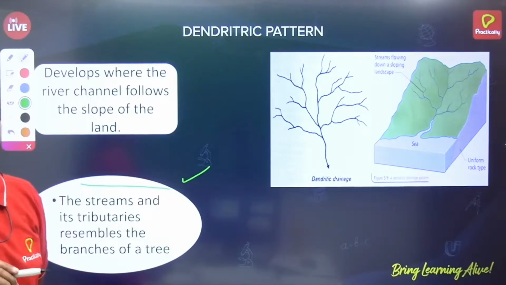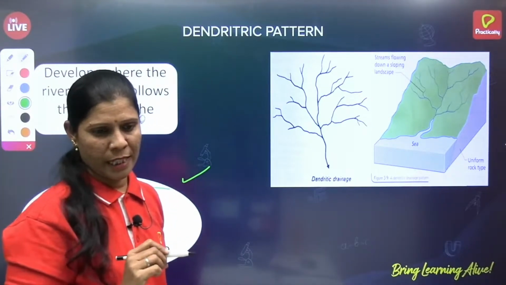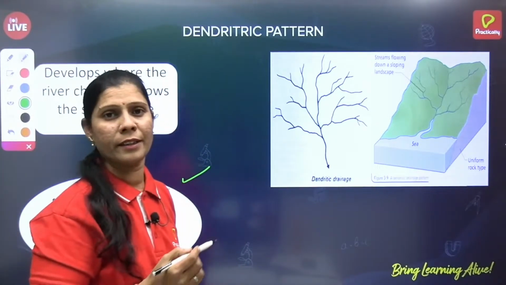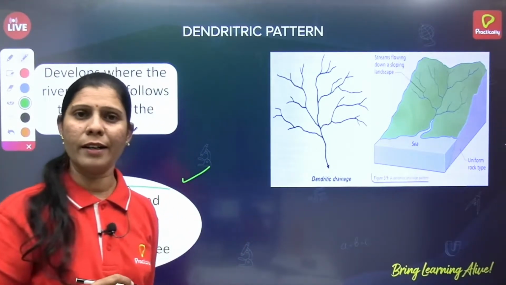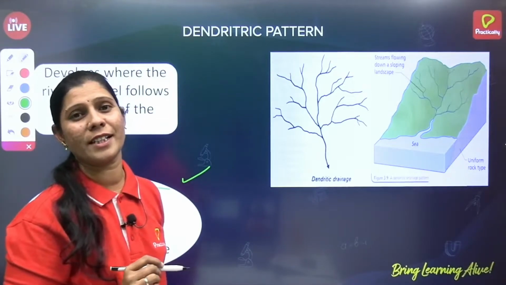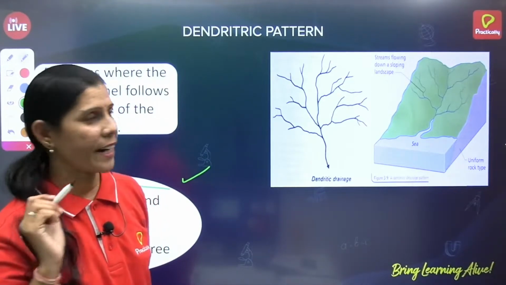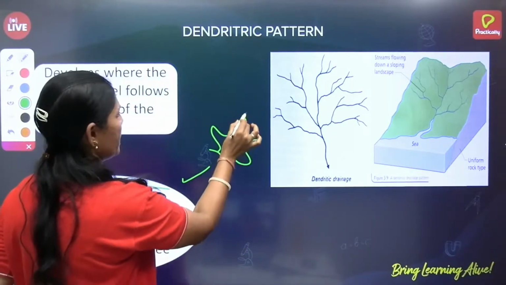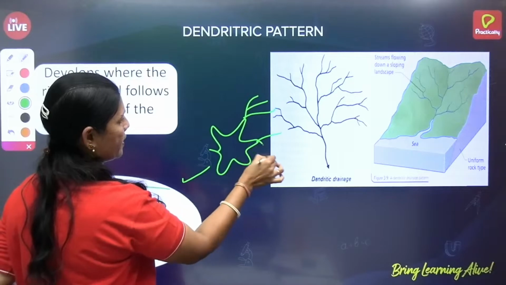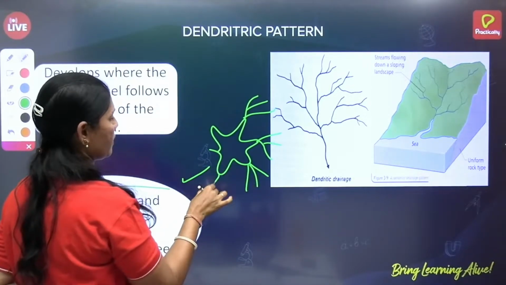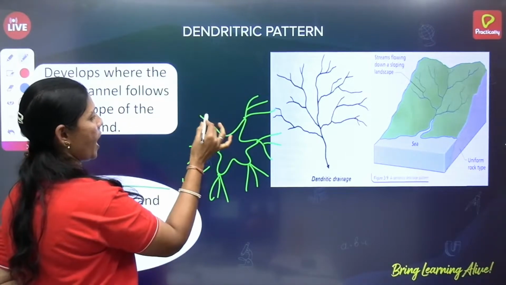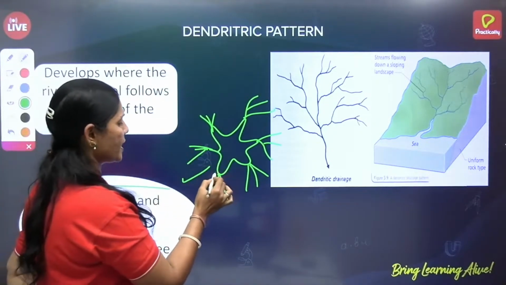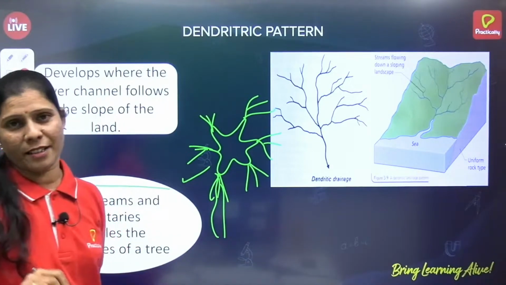Dendritic pattern is nothing but, as you have learned in your science classes, the neuron cell has dendrites. Isn't it? I hope you have an idea about the neuron cell. It has a dendritic structure.